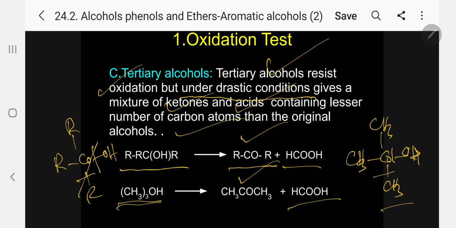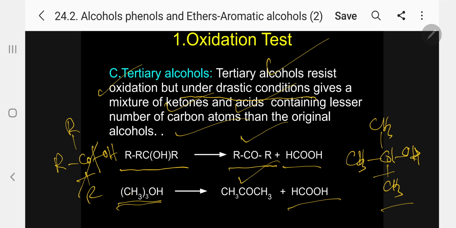So now let me give the final conclusion. Please remember, if it is primary alcohol, it gives aldehyde first, then acid containing the same number of carbons. Secondary alcohol gives ketone first and then acid containing a lesser number of carbons, finally only acid. Please follow. The third one, tertiary, resists oxidation; only at high temperature and high pressure does it undergo oxidation.